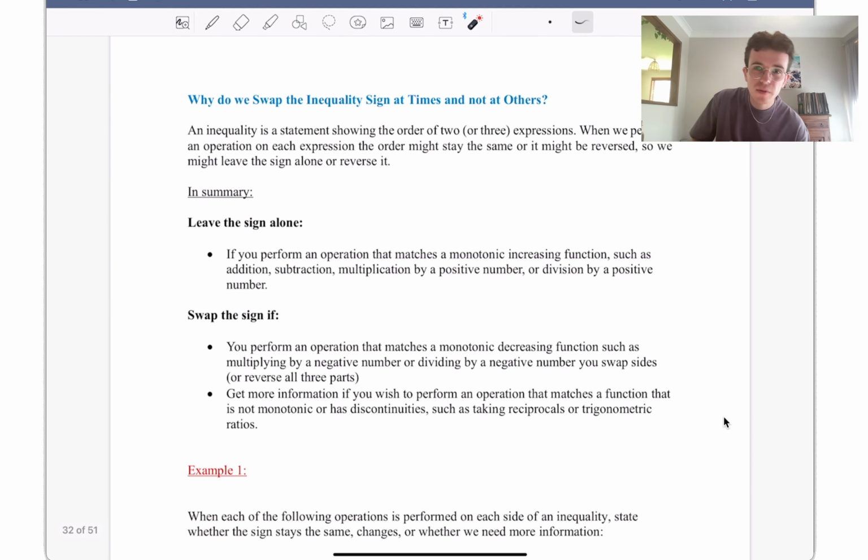Okay, why do we swap? Sometimes we swap the inequality. When we divide by a minus number, we swap the inequality. So when we perform an operation on an expression, we might change the order of the inequality sign, or we might not. So in summary, we're going to leave the sign alone if we perform an operation that matches a monotonic increasing function, so it's increasing only, such as addition, subtraction, multiplication by a positive number, or division by a positive number.